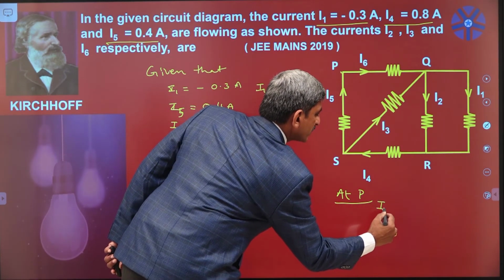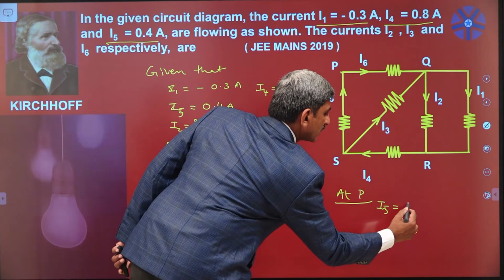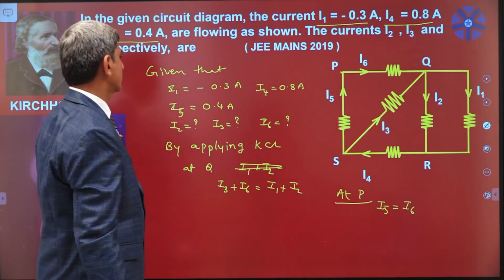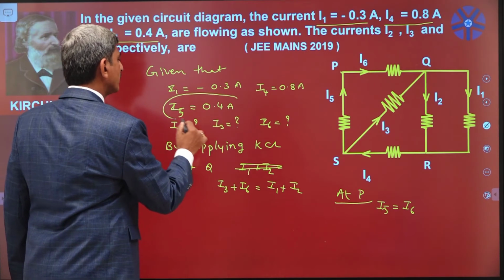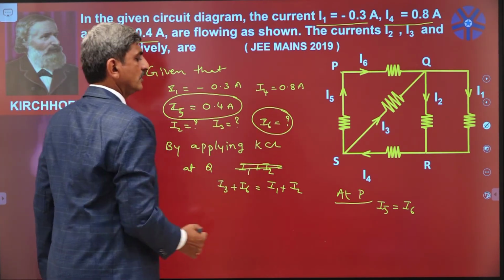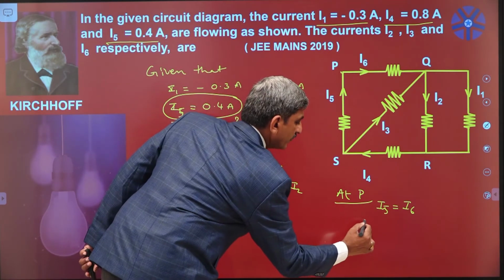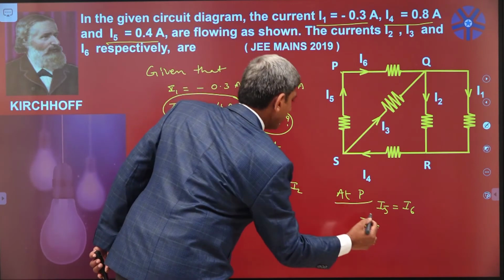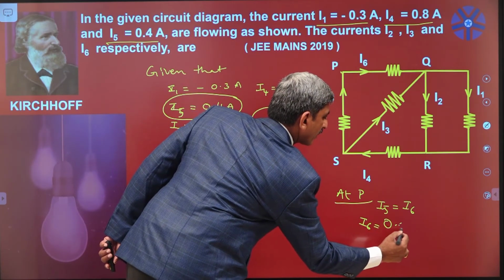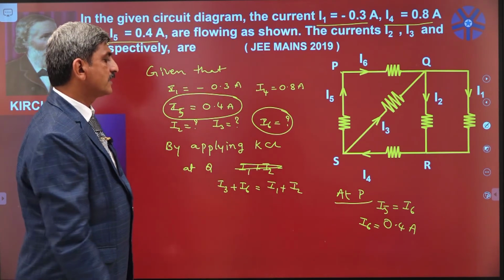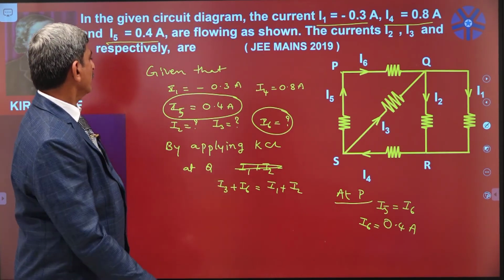Current flowing towards the junction I5 is equal to current flowing away from the junction. I5 is equal to I6. Already I5 is given to us. I6 is to be determined. So by substituting I5 value, we get I6 is equal to 0.4 amperes.